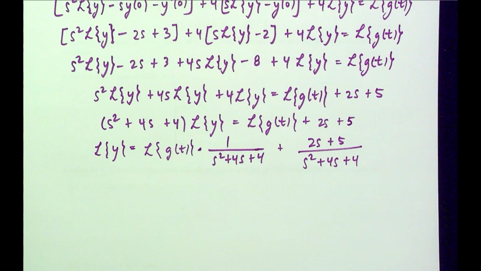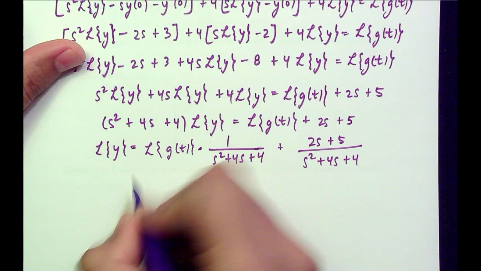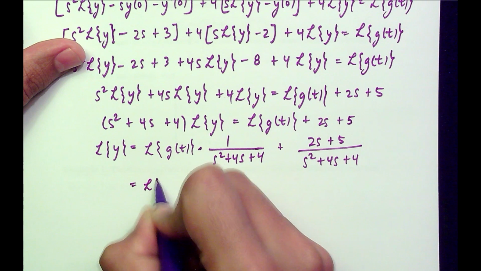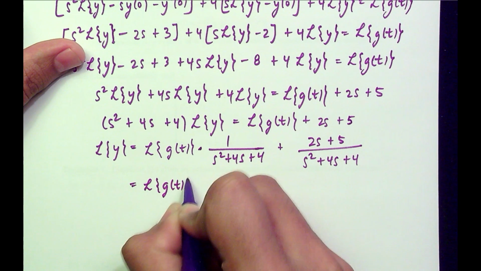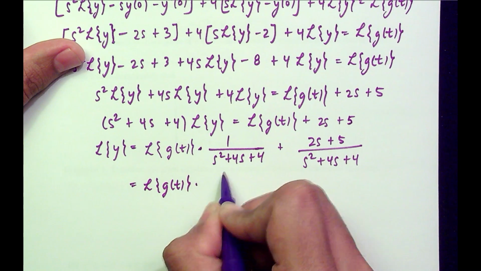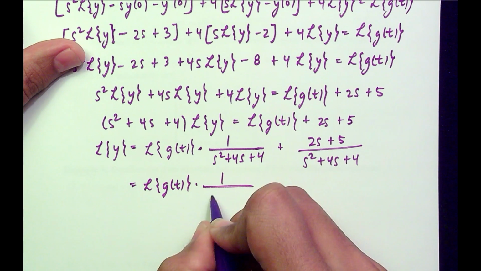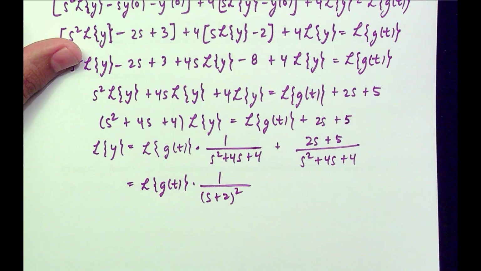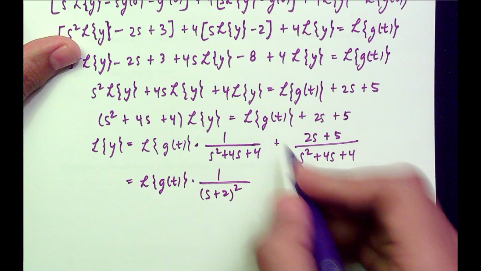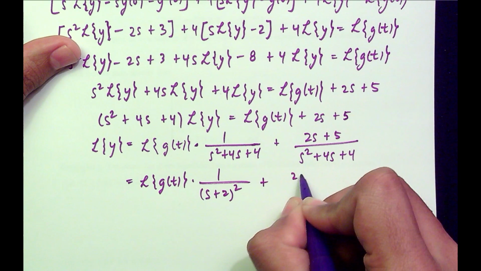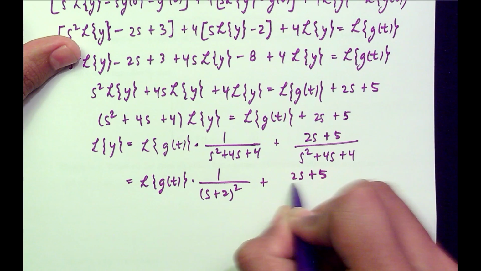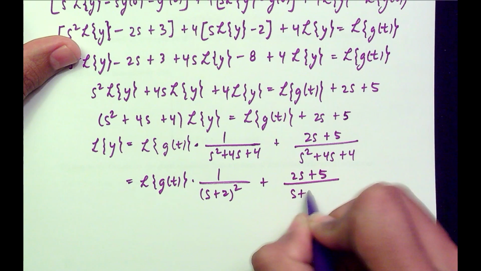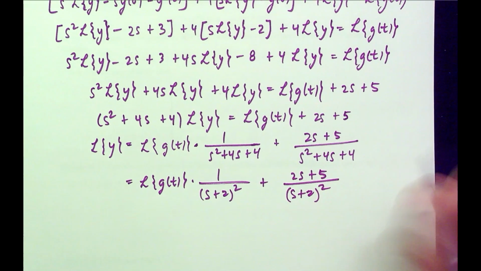Now we're going to factor that, and this is the Laplace transform of g of t. Factoring that, this is 1 over s plus 2 squared, and then this is 2s plus 5 over s plus 2 squared.